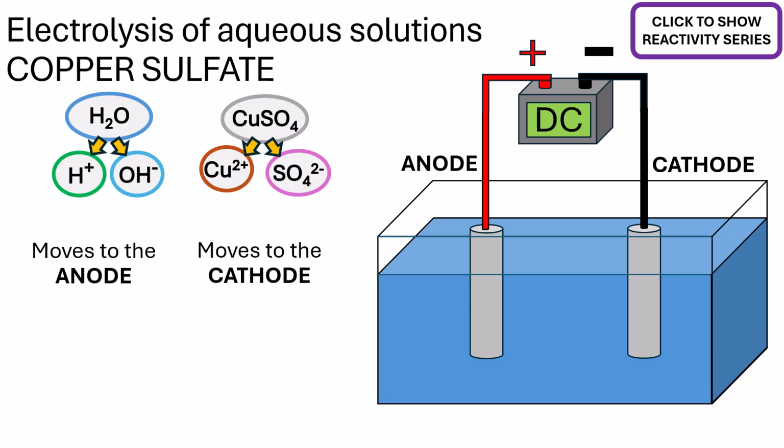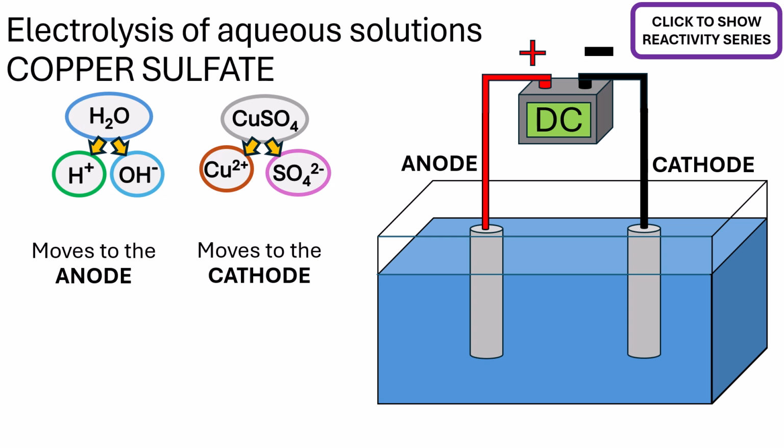So the first thing I do in any question is look at the chemical formula, and I would identify what the ions are going to be. So in copper sulphate, it says the word aqueous. That means it is dissolved in water. So we break the water molecule up into the H+ ion and the OH- ion.